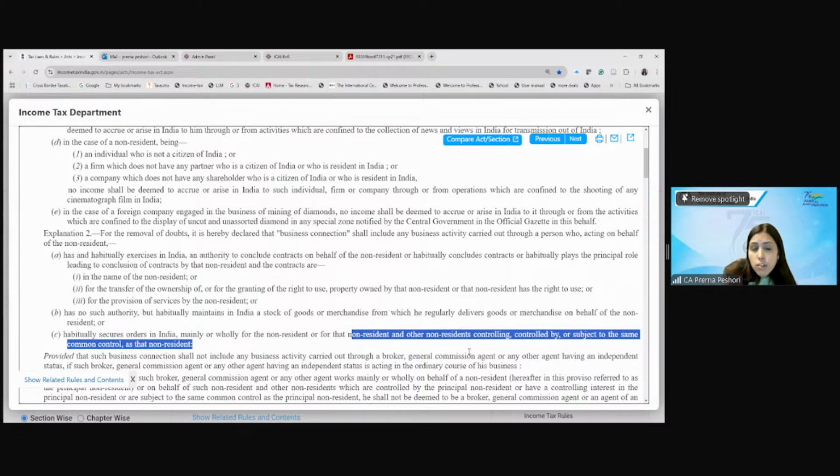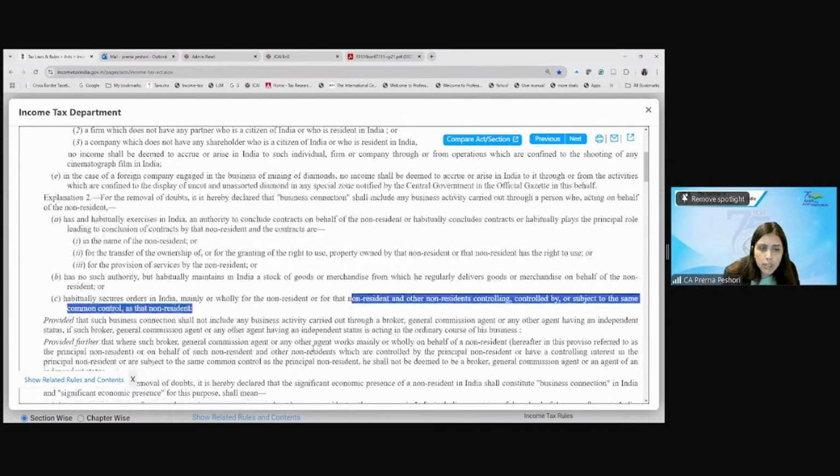Or even if not for that one non-resident, but for multiple non-residents, but those non-residents are either controlled by one single non-resident or are controlling the other non-residents or are subject to the common control. So basically, if he is securing the orders either for one non-resident or the related parties to that non-resident, he will be considered as an agent constituting the business connection. Clear?